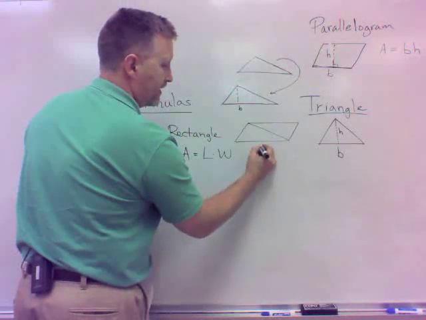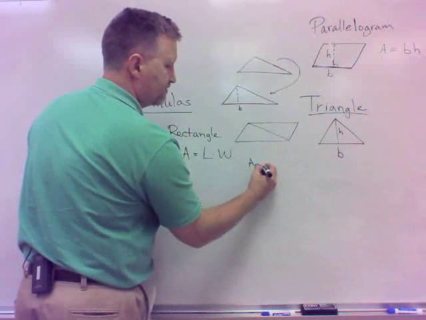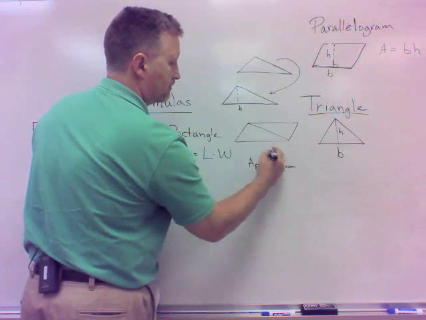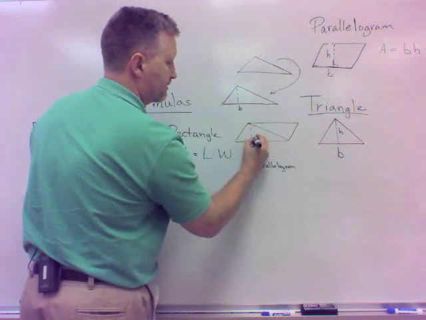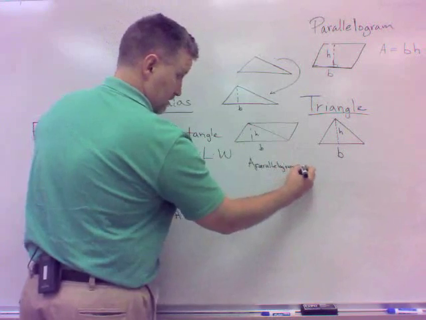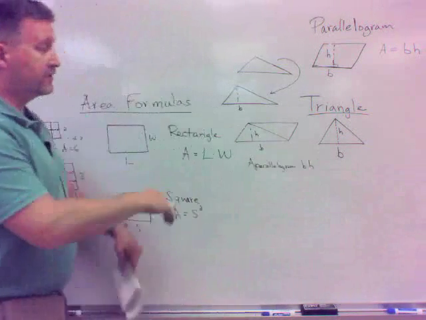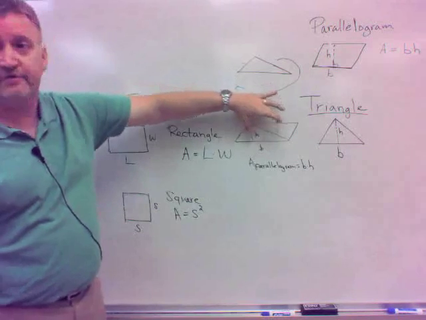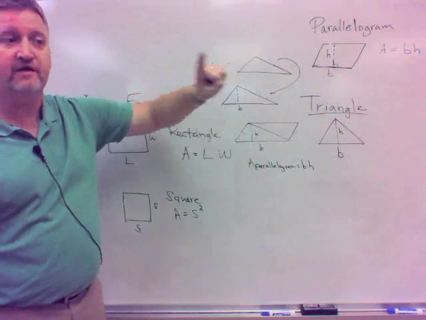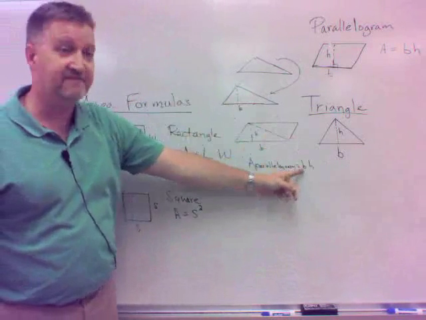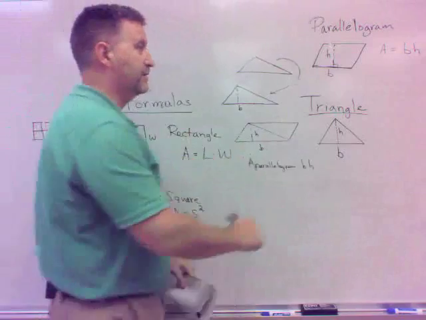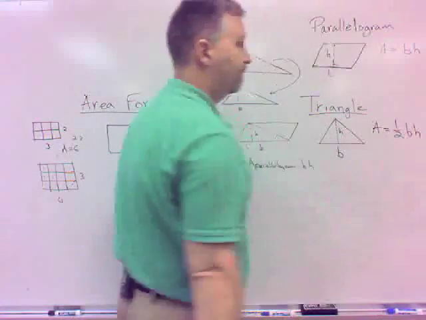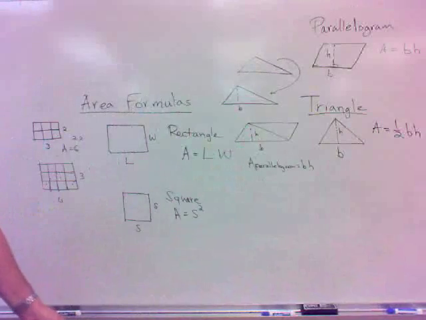Well, the parallelogram is base times height. That's B, that's H. But I'm only interested in this triangle. The parallelogram is two of the triangles, isn't it? So what's the area of one of the triangles? It'd be half of that. The area of a triangle is half base times height, which is probably one you've heard before.